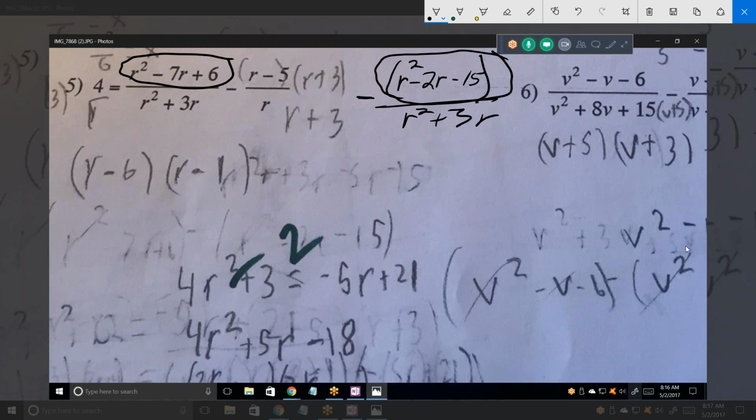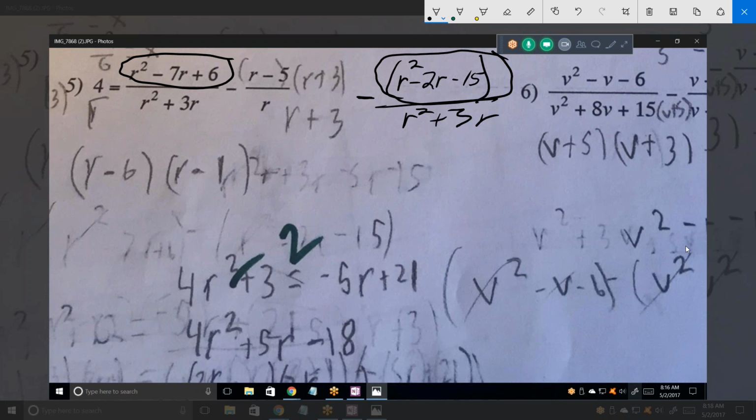So what is that? The r squareds cancel. I've got a total of how many r? I have a total of 1 r. You got minus 7 over here, and you got a minus 2 there. That's plus 2.